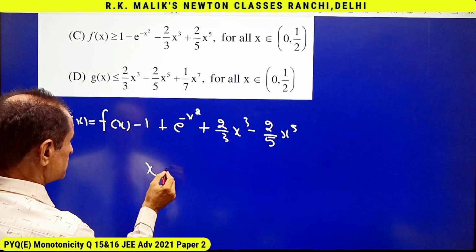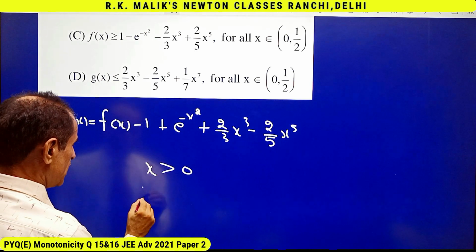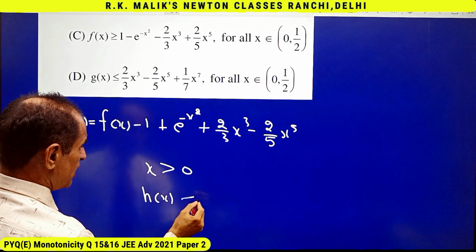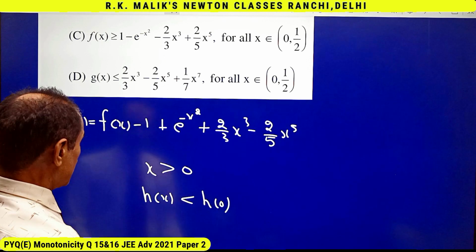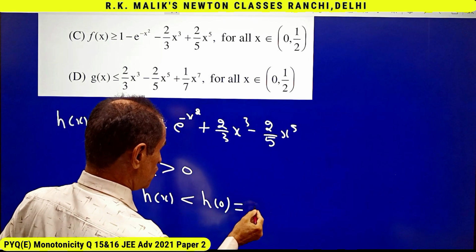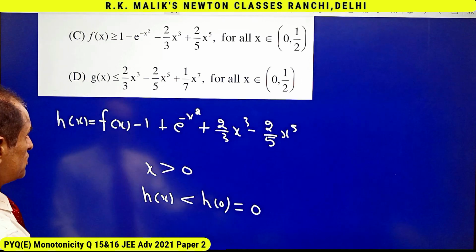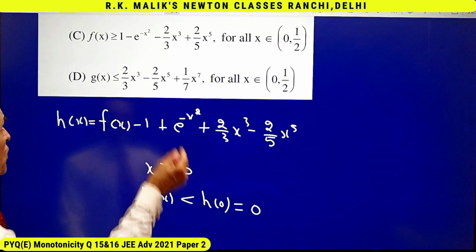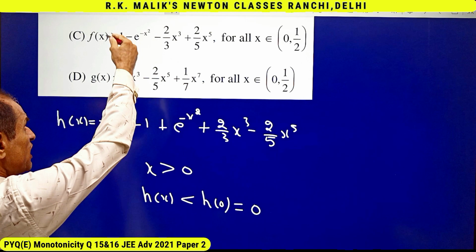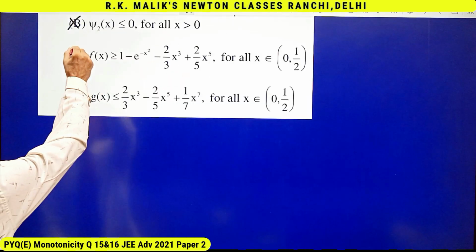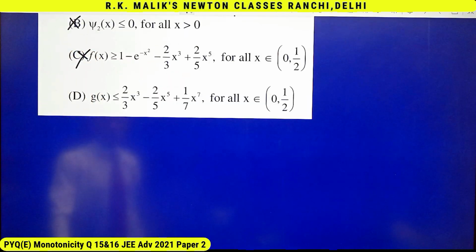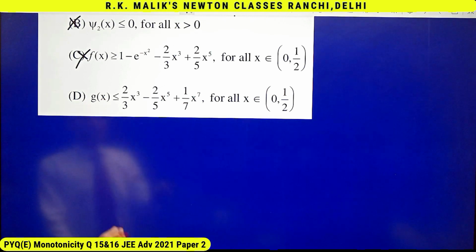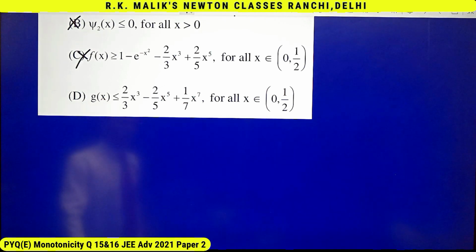Hence, if x is greater than 0, hx will be less than h0, and h0 is 0. Therefore, the value of this will be less than 0. Therefore, the value of fx will be less than this. Therefore, C is a wrong choice. And now, obviously, D becomes the correct choice.